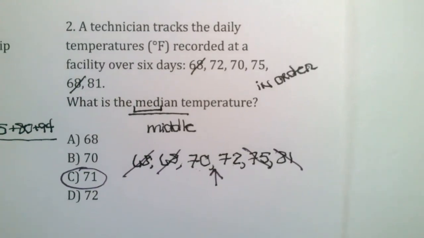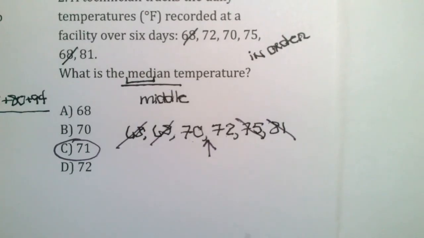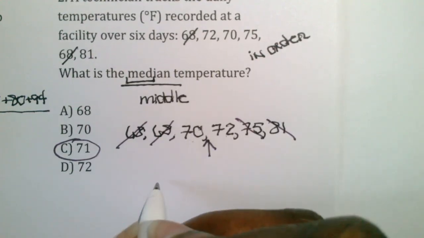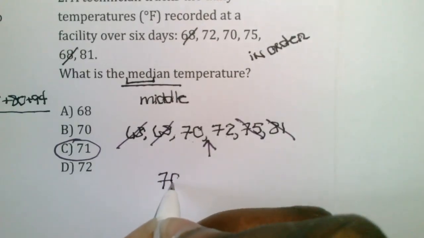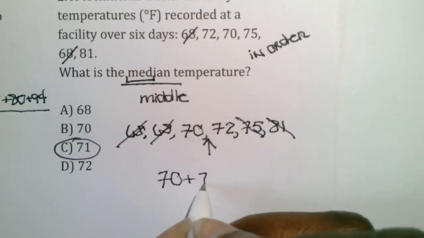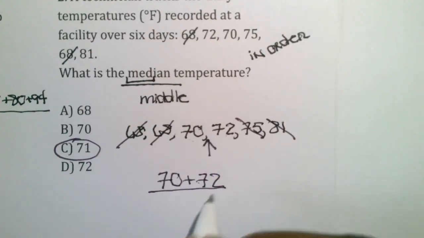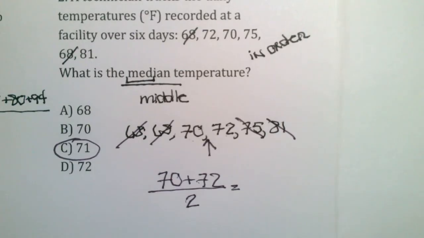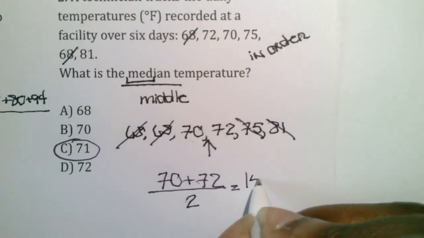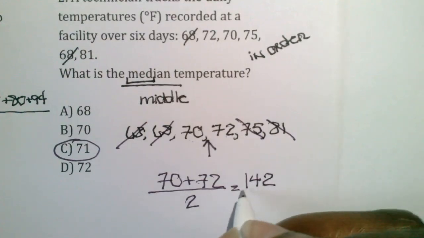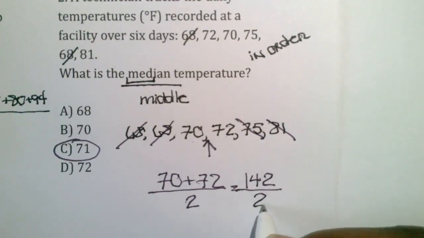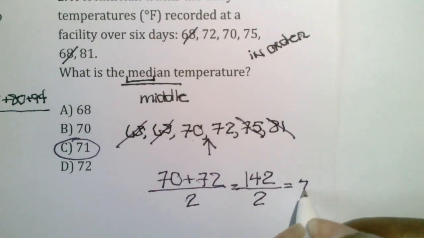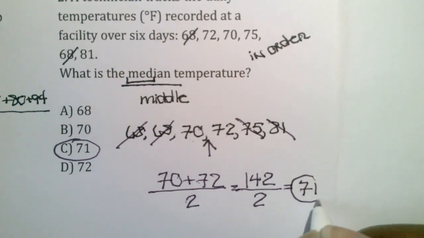So if by chance we didn't have it as easy as that, what do we do if we're stuck in between 2 numbers? Well, we will add those 2 numbers up and then divide by 2. Okay, so you got your 142, divide by 2, that will give us our 71.